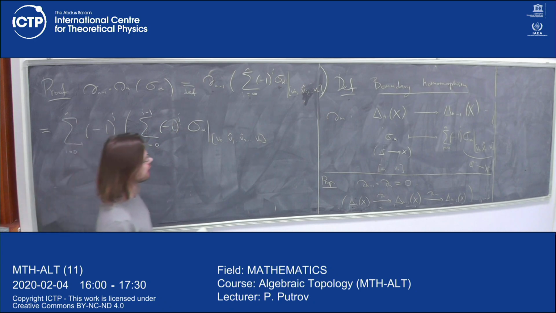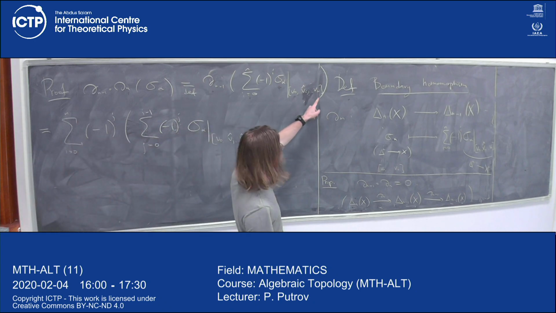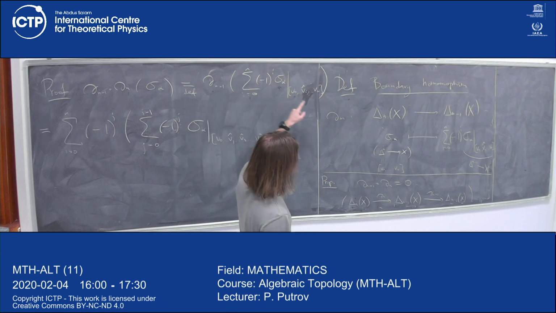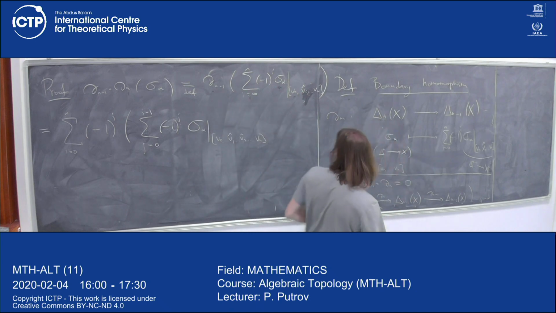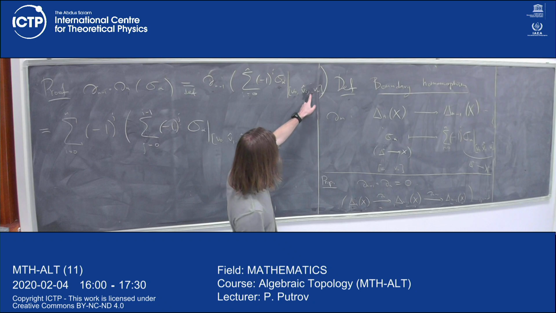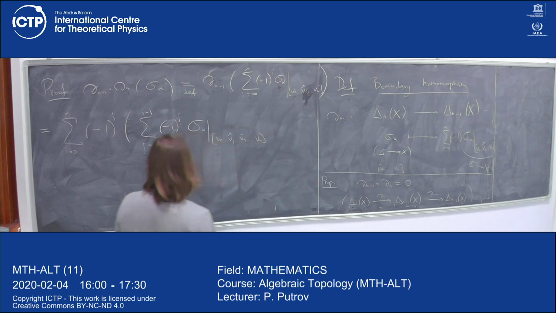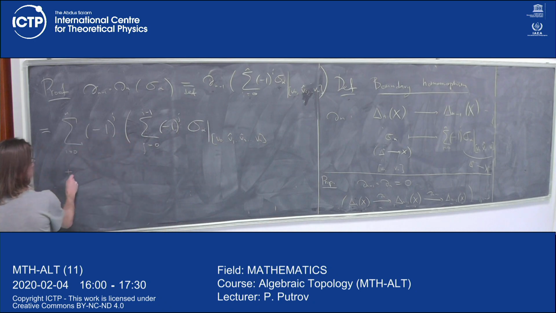And then separately I want to consider the terms where I remove some of the vertices after vi. The sum, j goes from i plus 1, after i, to n.